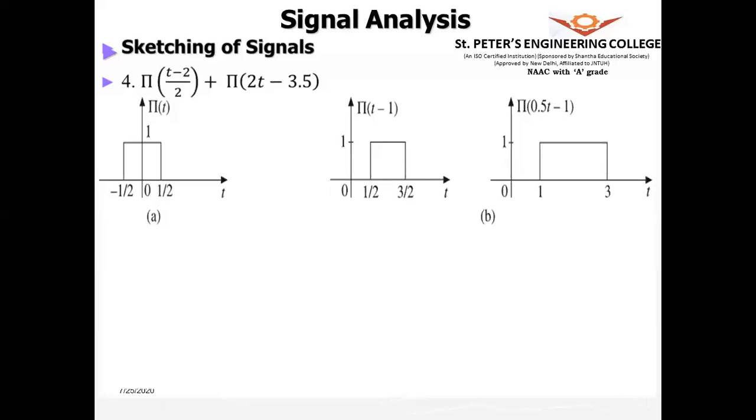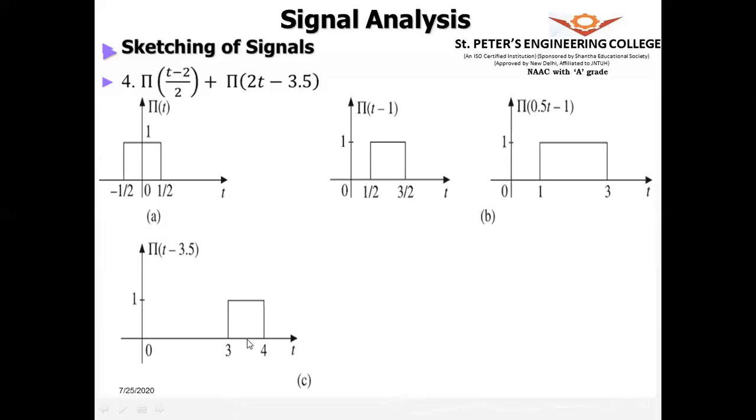So the next, we first take this pi of t and then perform pi of t minus 3.5. So pi of t minus 3.5 means the 0 point, that is the center point, will get shifted or delayed, and it will go to the 3.5 position.